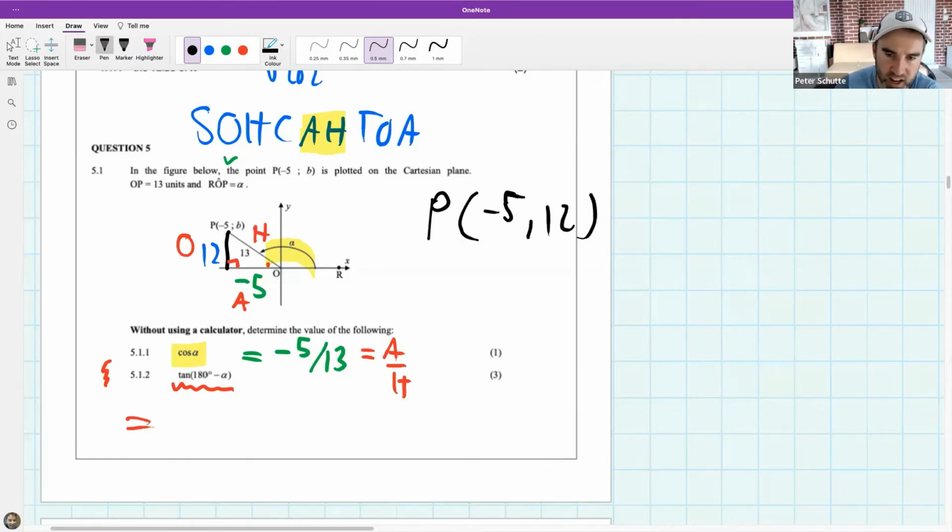Give me a thumbs up if you understand how I got the 12, because I want to make sure I've got everybody. Okay, so I used good old-fashioned Pythagoras. So everyone's with me at that point. It's somewhere after that where we got a bit pear-shaped.